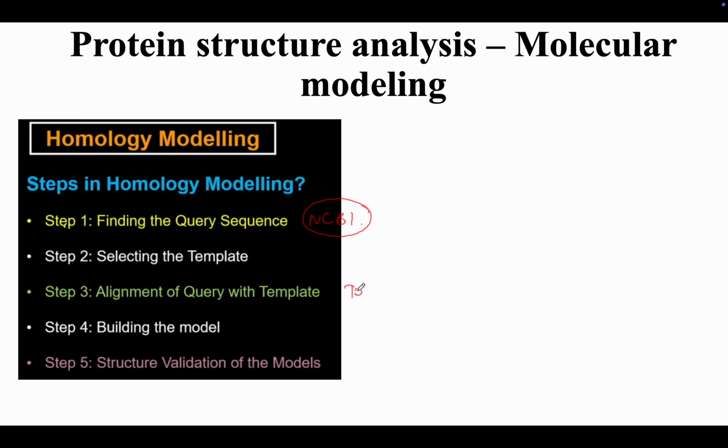There are different tools for alignment as well. Suppose we have this wild type sequence, then we can align this with our mutant sequence, and after aligning we can build a model, and then we can validate the model by using different tools. So this is the general structure of homology modeling.